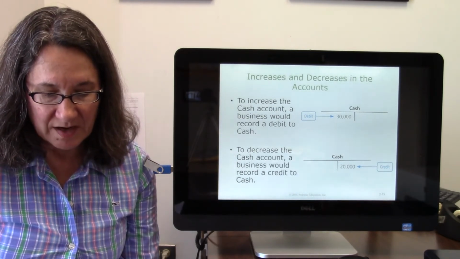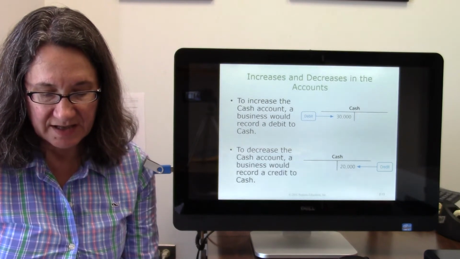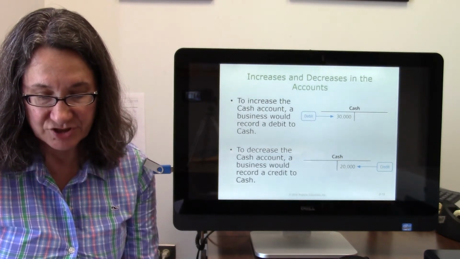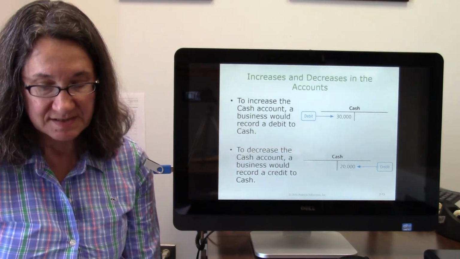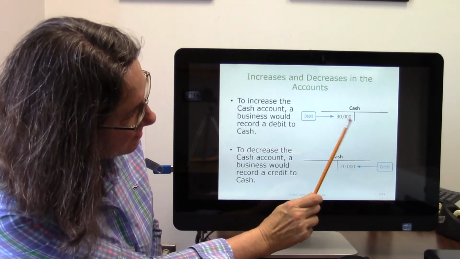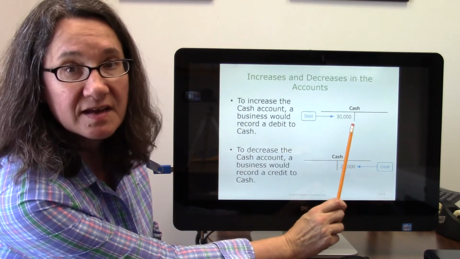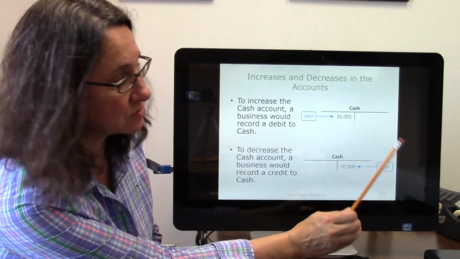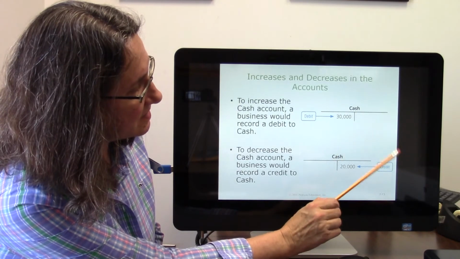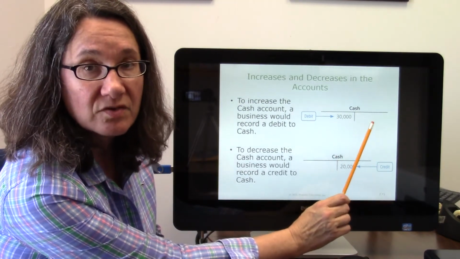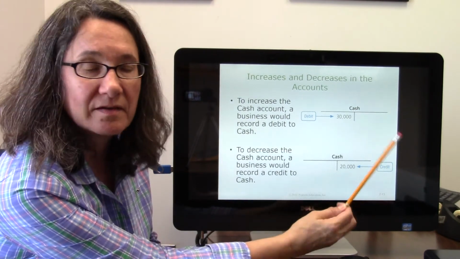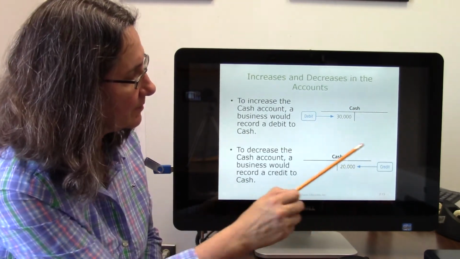Let's assume a company enters into a transaction that increases cash. When you increase cash, here's cash. This is what we call a T account. It's representing our ledger. It says cash at the top, so the left is always debit, right is always credit. You just memorize that. Left, debit, right, credit.